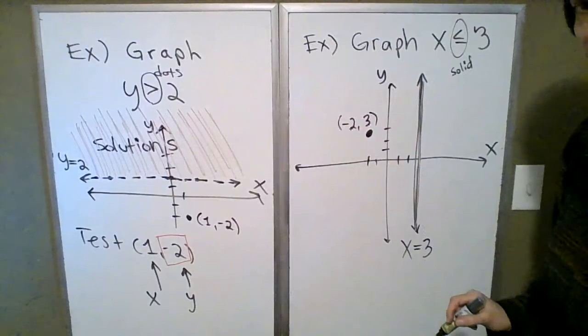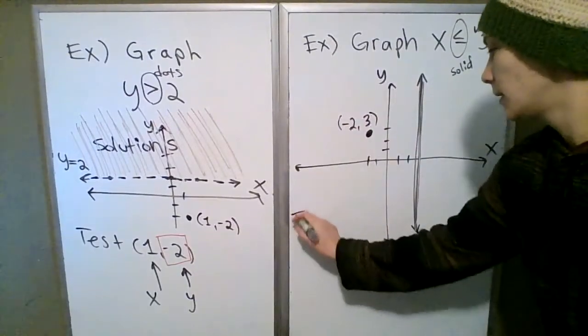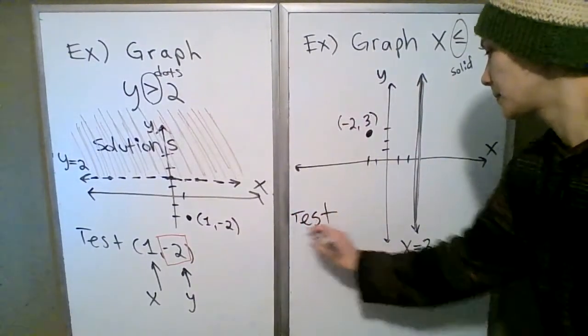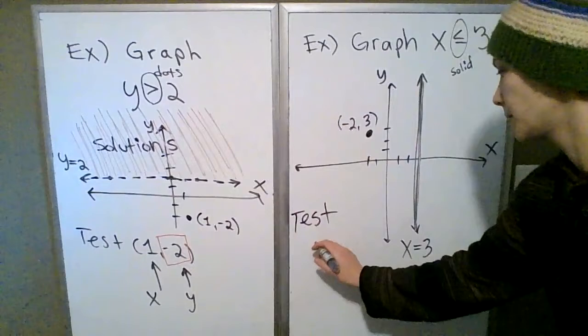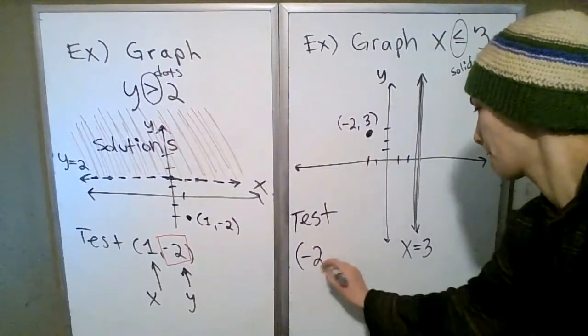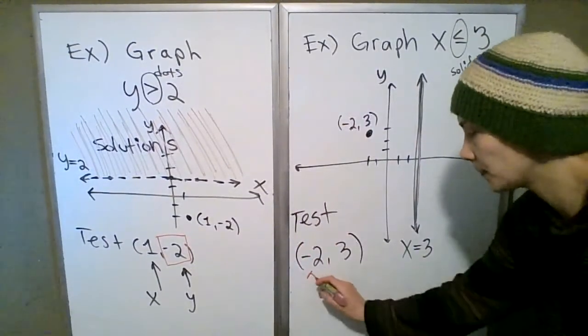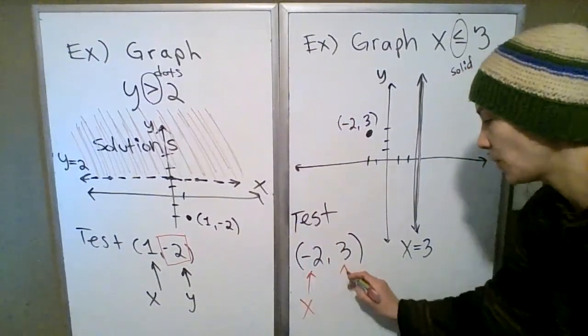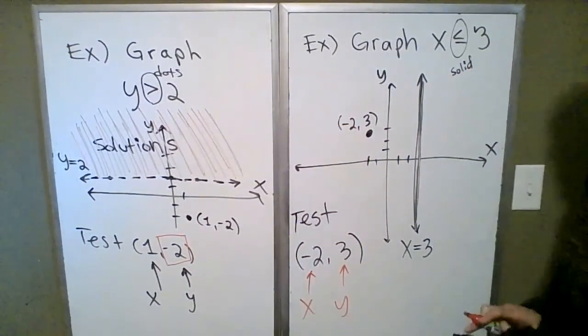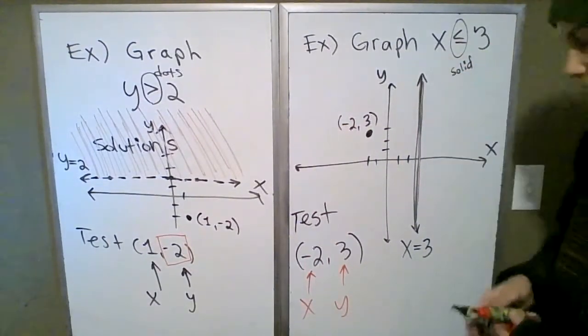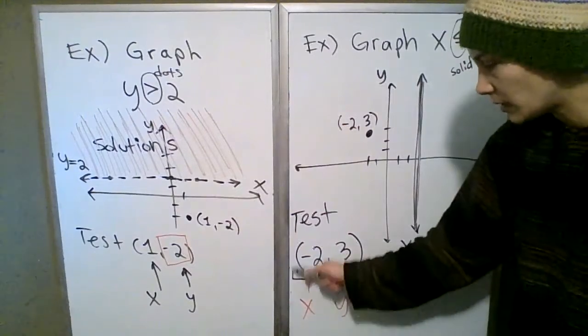So if I test that point, -2 is the X value, 3 is my Y value, and I only need the number for X. I only need this part of the point.